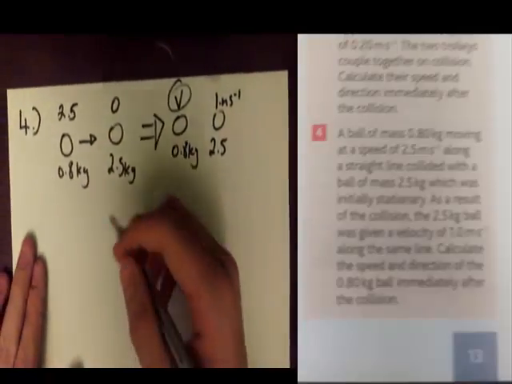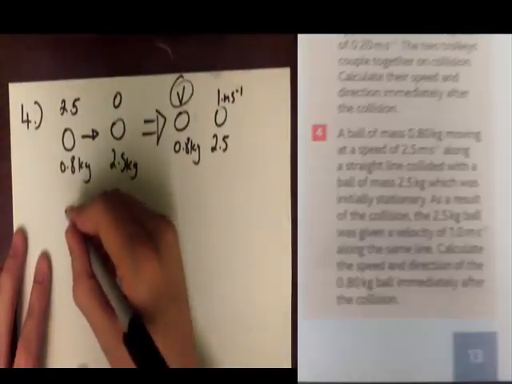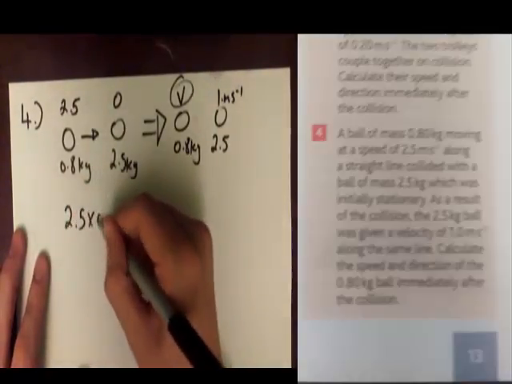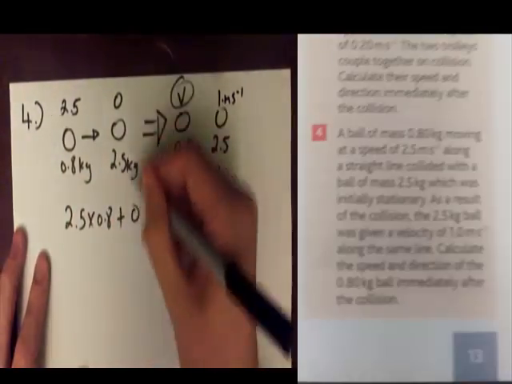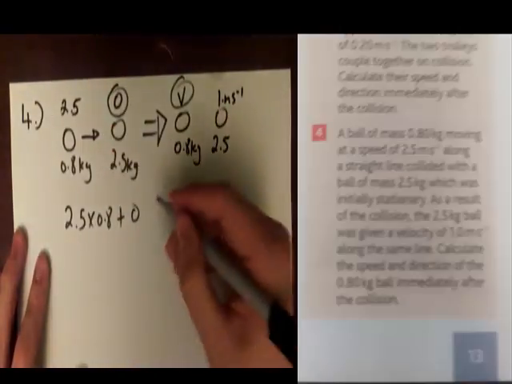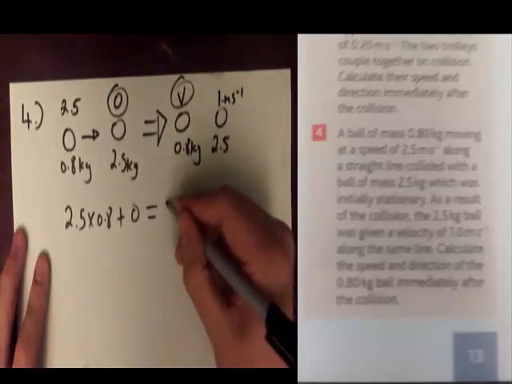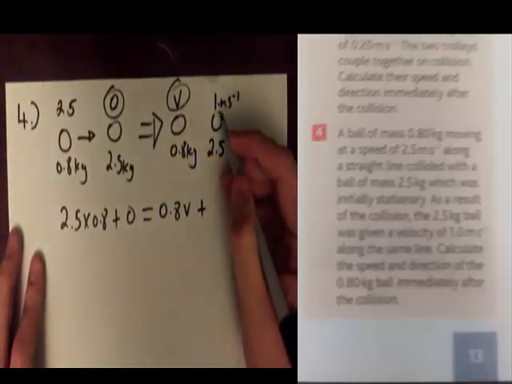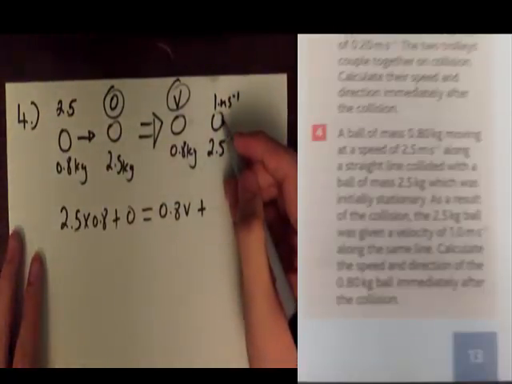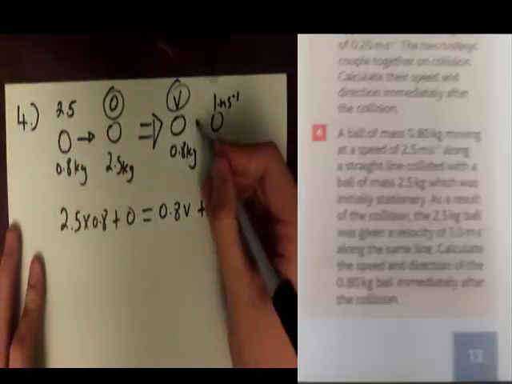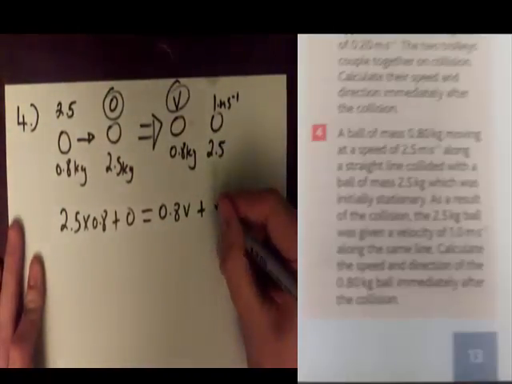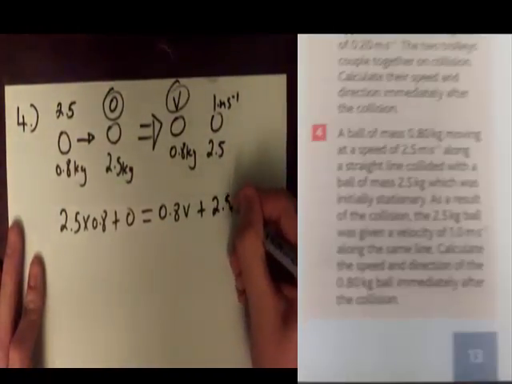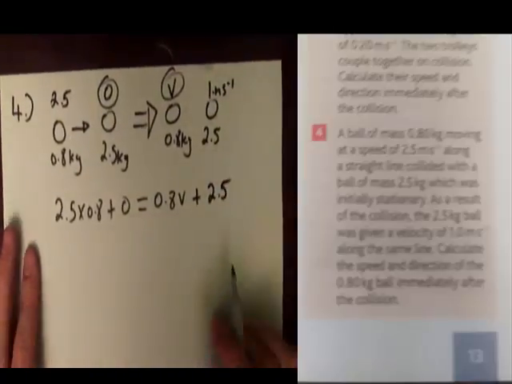So again, we just take the initial momentum this side, plus 0, because our velocity is 0. We'll go to 0.8v plus, and we know this because it does not say that they are coupled, 2.5, because it's 2.5 times 1.